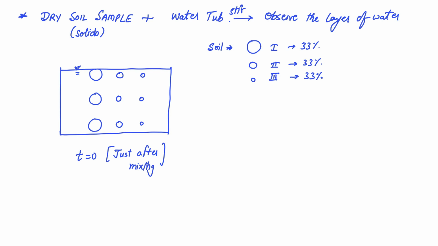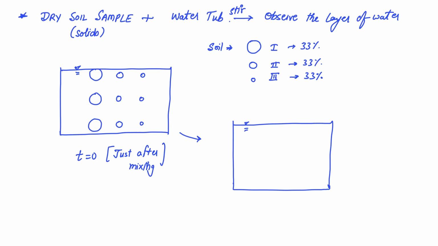Now let us assume that this jar is kept in a stationary position for a particular time duration, and now we are going to observe what will be the concentration of solids in a particular layer.